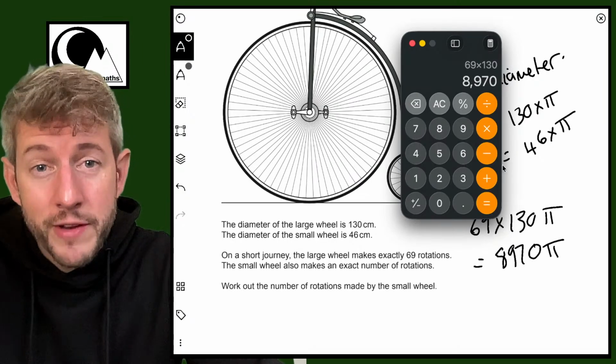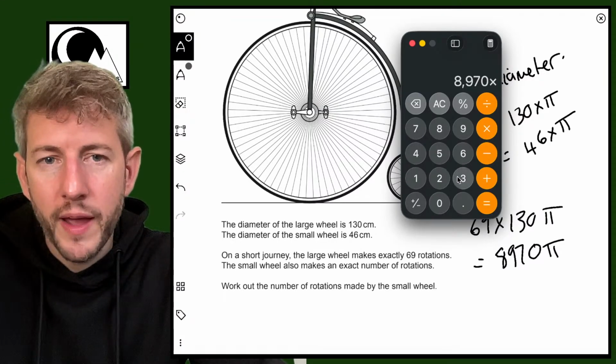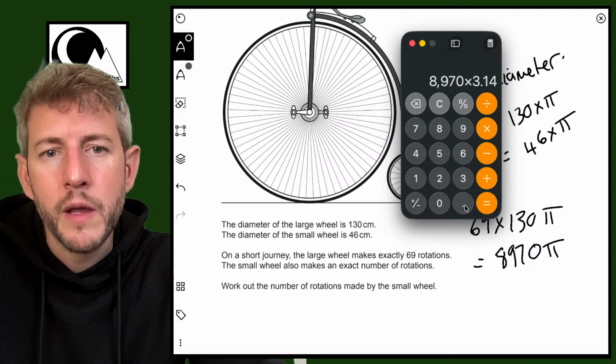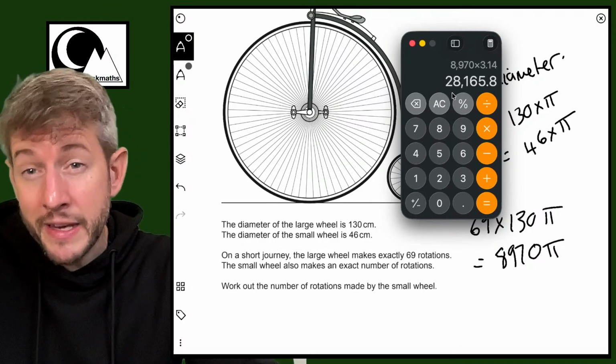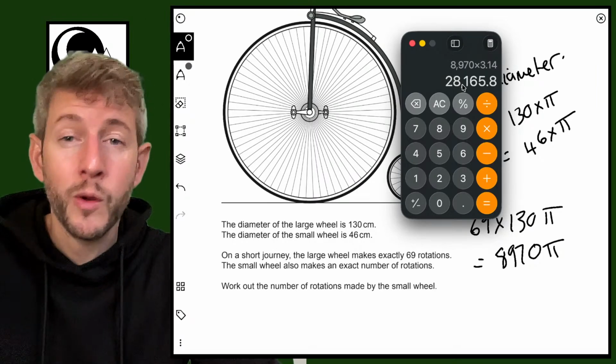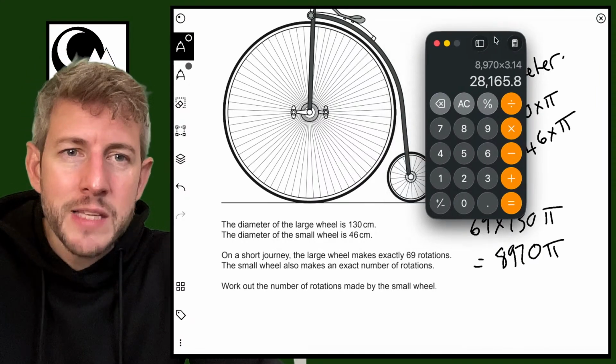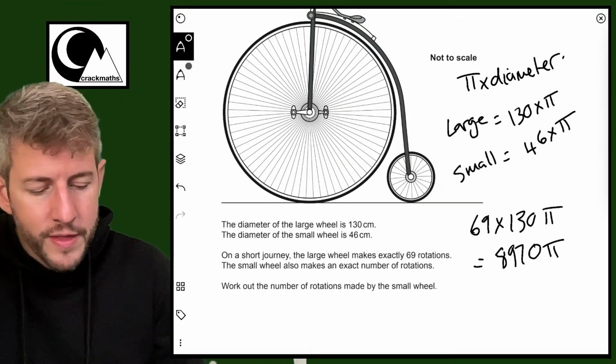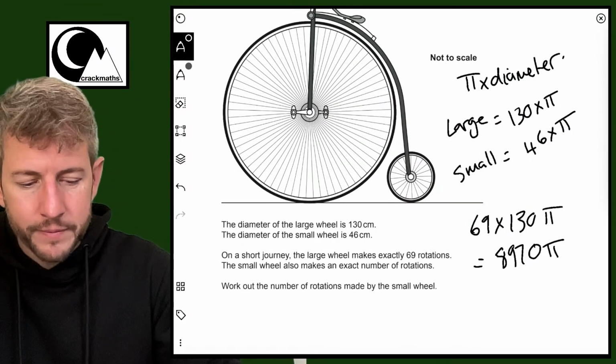Just so you know, multiplying by pi is like multiplying by 3.14, but I don't want to use that at this stage because it's going to make my question inaccurate.